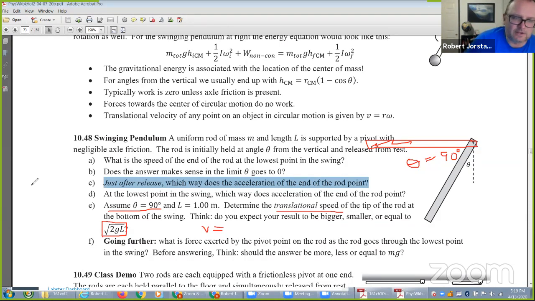If you have an object that is in free fall, if I just say mgh equals 1/2 mv squared, that's dropping a rock from an initial height h, you get v equals the square root of 2gh. So you might be wondering, is this one going to be faster or slower than that? And when we look at the solution, it might shock you.